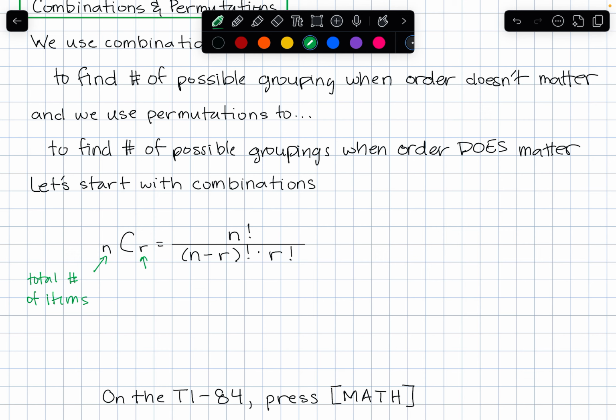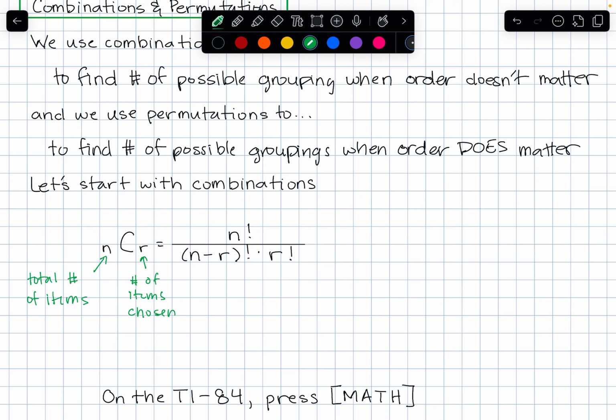And then r is the number of items chosen. So if I'm building a committee of 5 people from all the teachers at my school, it would be 70C5. 70 teachers at my school. I want to choose 5 from that group of 70, and it's a C because the order I choose them doesn't matter.